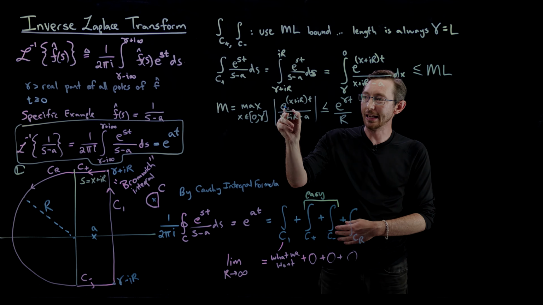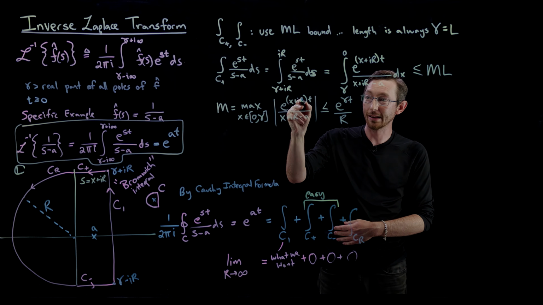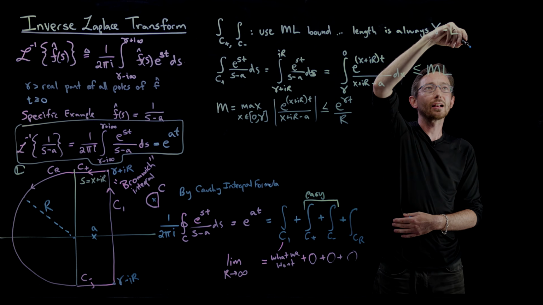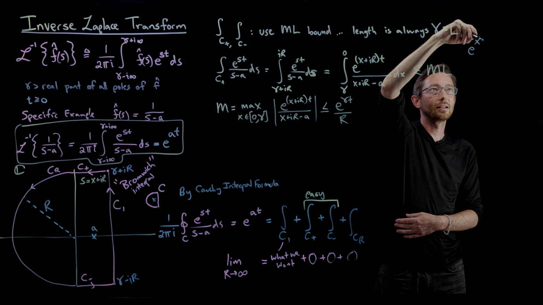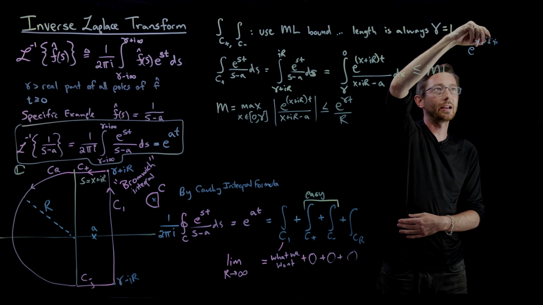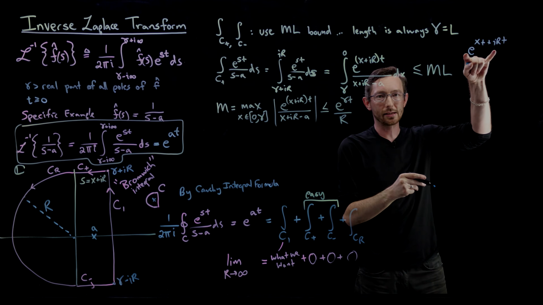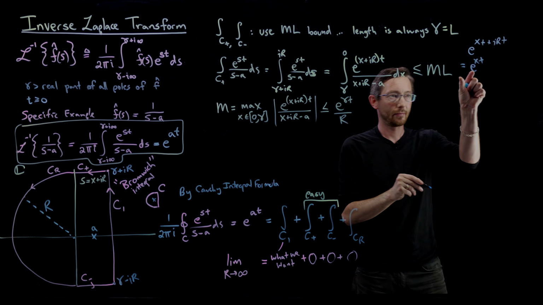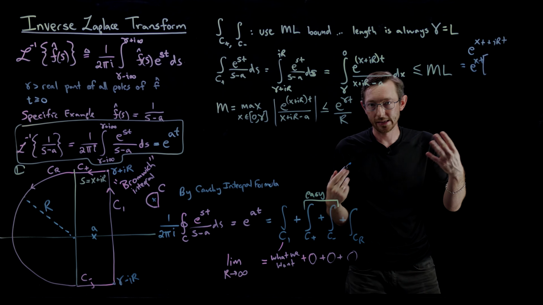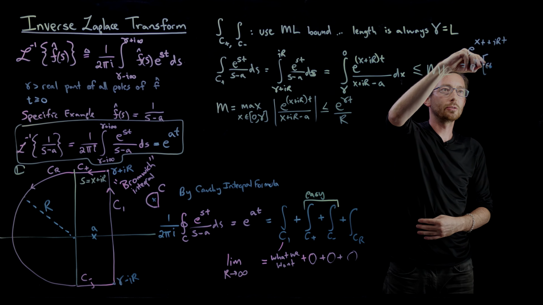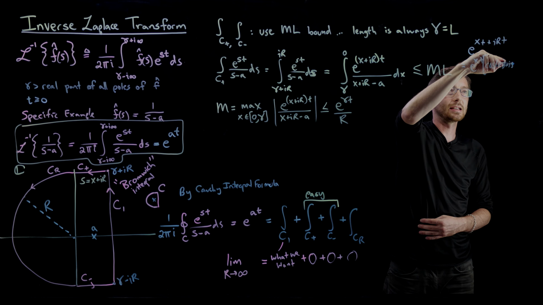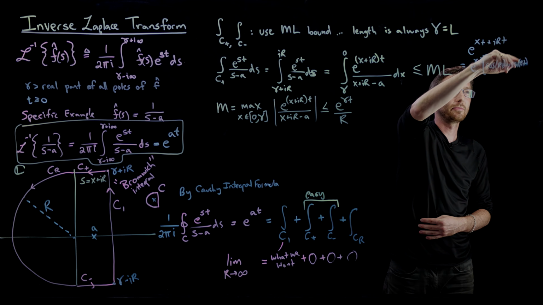This is e to the real part plus imaginary part, e to the xt plus IRT, which equals e to the xt times, from Euler's formula, cos RT plus I sine RT.